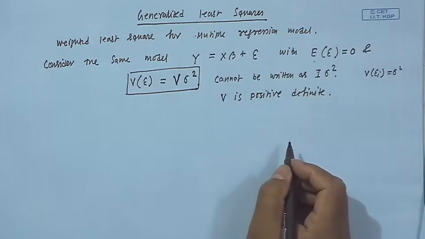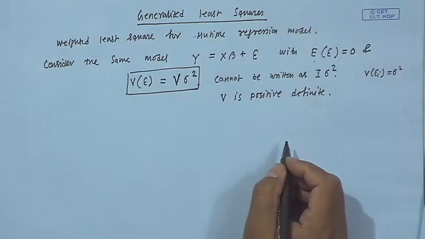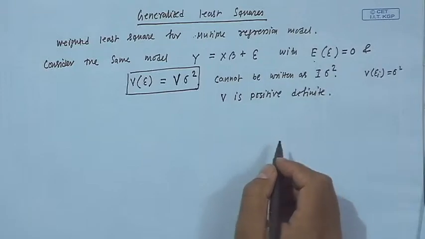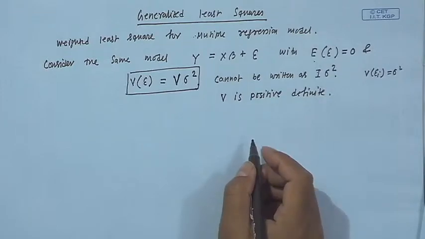Okay. So, here now we are trying to fit a multiple linear regression model y equal to X beta plus epsilon, where expectation of epsilon is equal to 0 but the constant variance assumption is not true. Here the variance of epsilon is equal to V into sigma square.